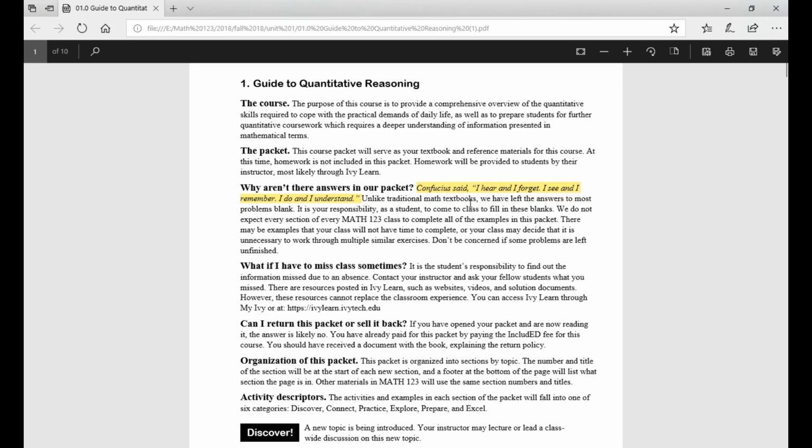Okay, so we actually want you to go through the action of writing these things down, thinking about these, reasoning some of these out, because this is what's going to help you remember and understand how to do these things. Okay, so these are meant for you to write in.